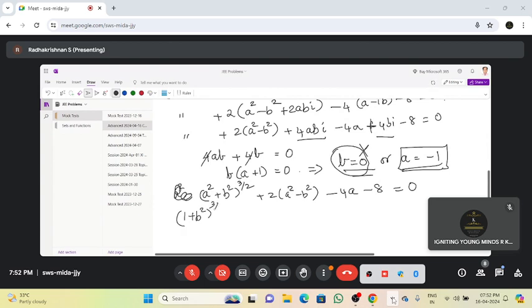whole to the power of 3 by 2 plus 2 into 1 minus B square, minus 4 minus 8.